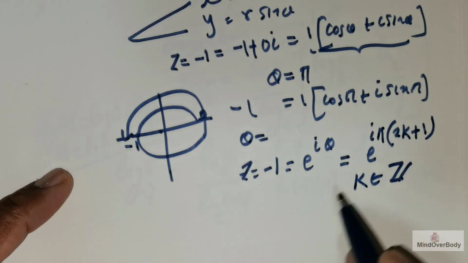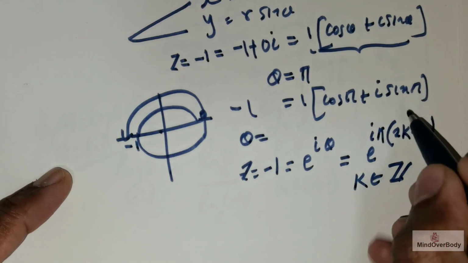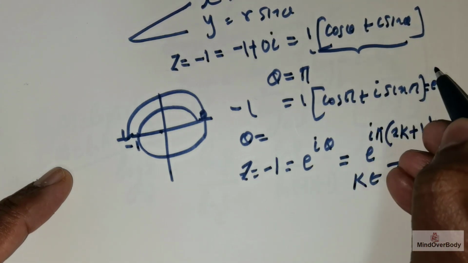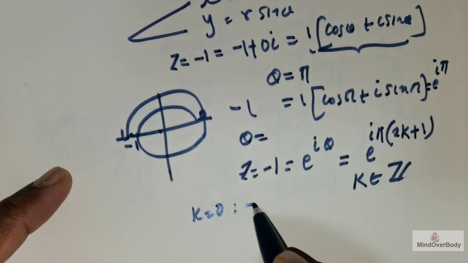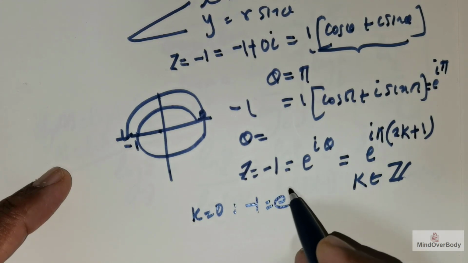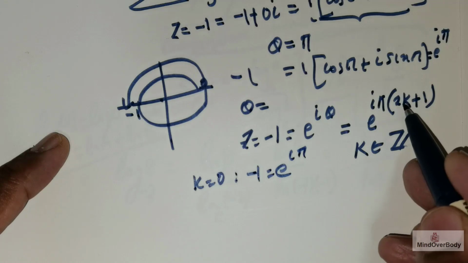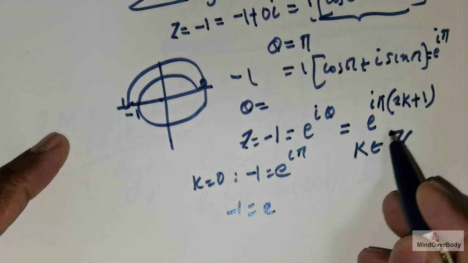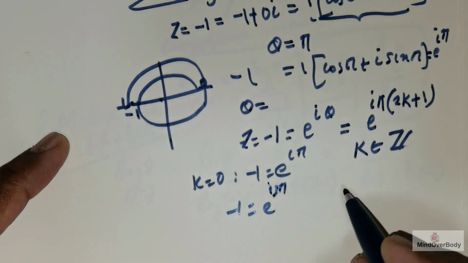Now when k is equal to 0, we get e^(iπ), which is -1. So when k is equal to 0, I get -1 = e^(iπ). When k is equal to 1, I get -1 = e^(i3π).